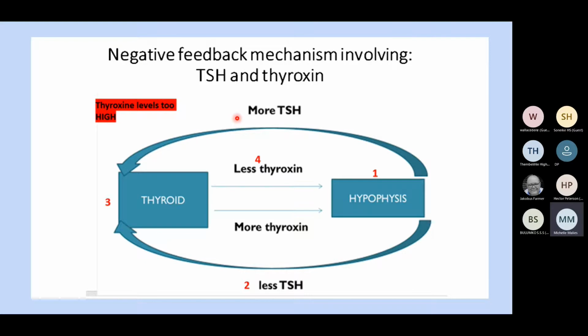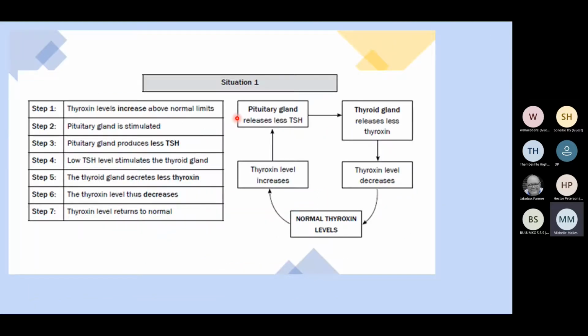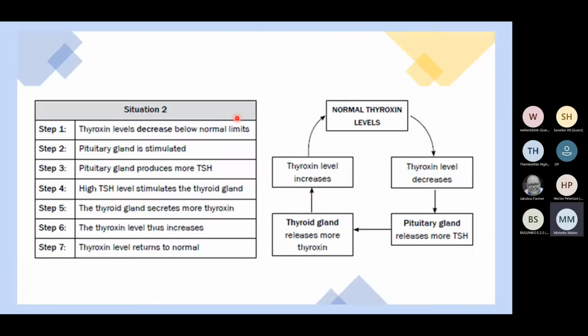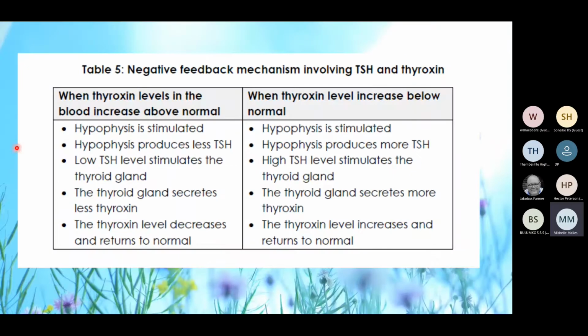You would have table number 5. I want you to follow on table number 5, but also work with your diagram, because you need to be able to write the description and also to deal with specific diagrams.